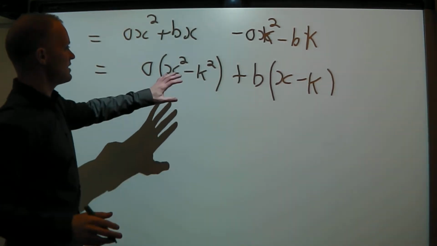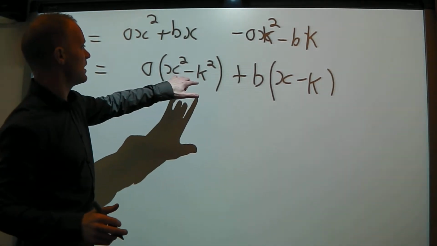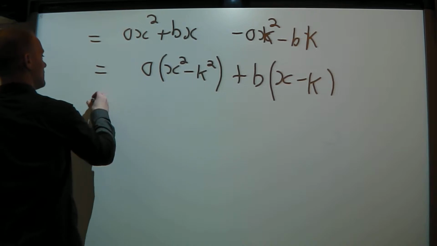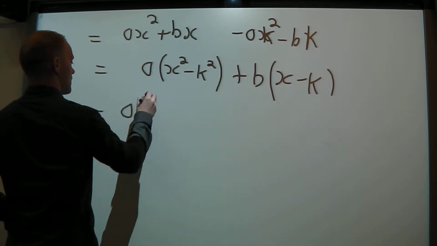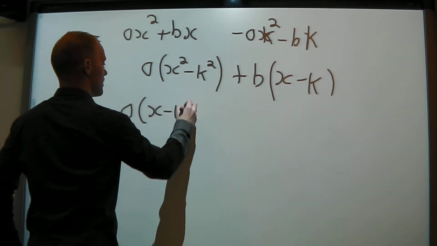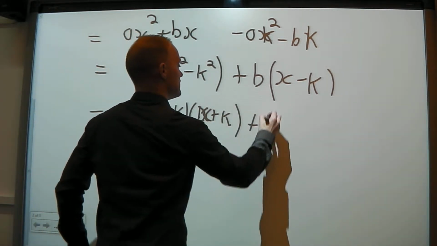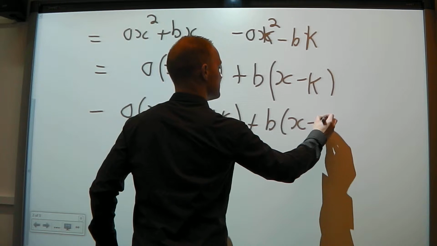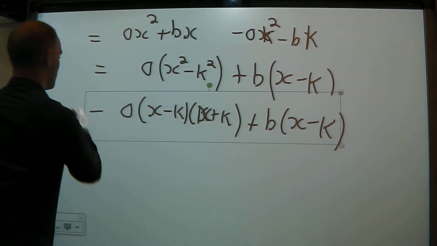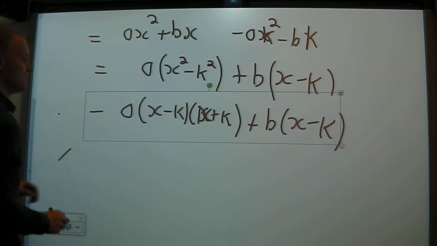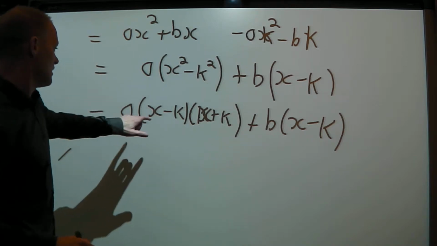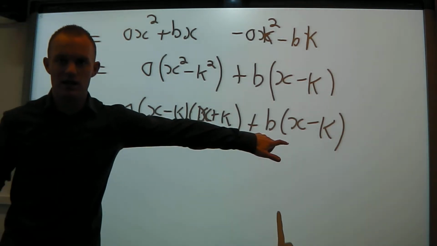So then we know that x squared minus k squared is (x minus k)(x plus k). So that is equal to a into (x minus k) times (x plus k) plus b times (x minus k), sorry. So then we have here that x minus k is common in both of these.